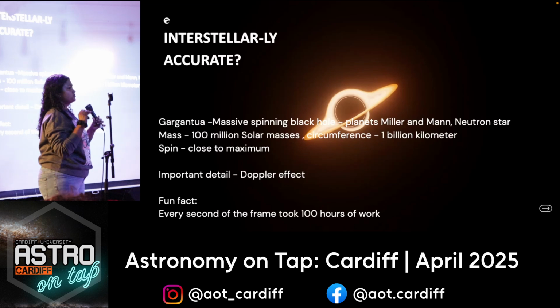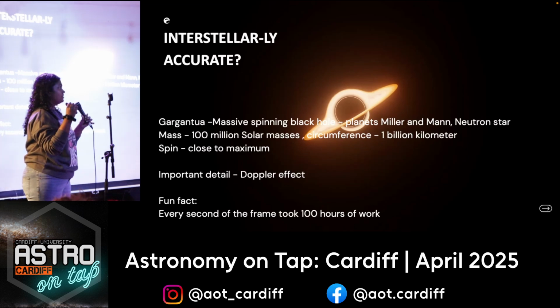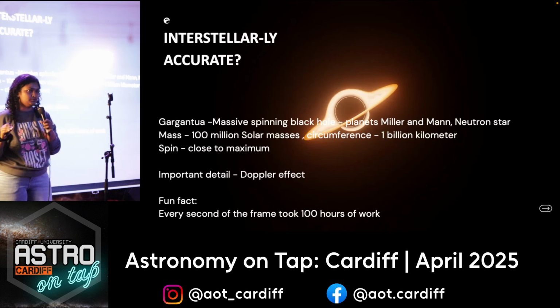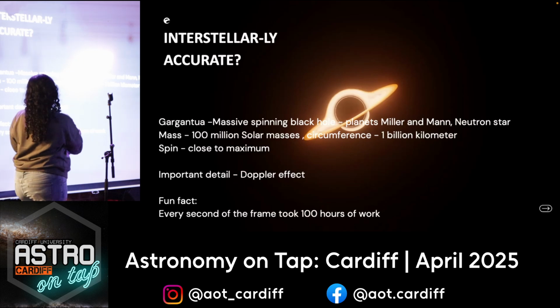That key detail was removed from the movie itself because the astronauts that were rotating the black hole were way too close to it, so the black hole is way too bright for them to understand the difference in Doppler effect.